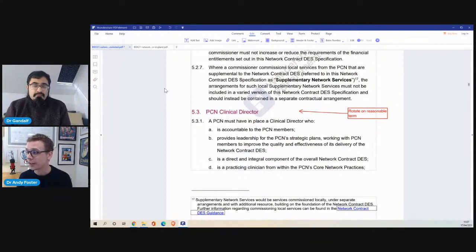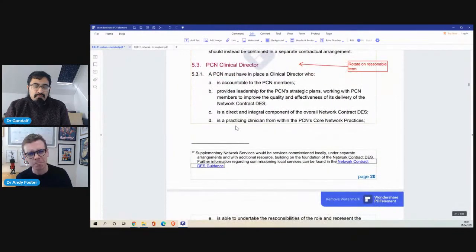It's just a reminder that the DES states that the PCN clinical director should be rotated on a reasonable term. So there should be some process for refreshing the clinical director. I think we thought about this when we were doing our schedules, and I think we have a term of three years, then re-election. So I think we'll have to look at that in a year's time.